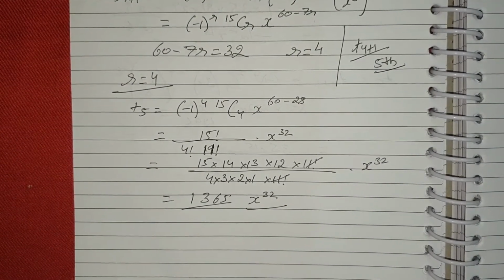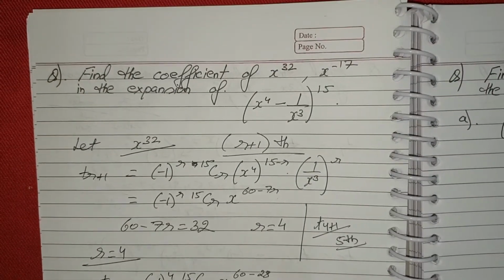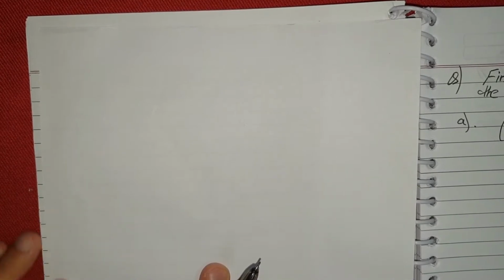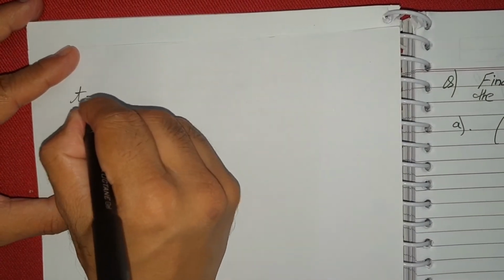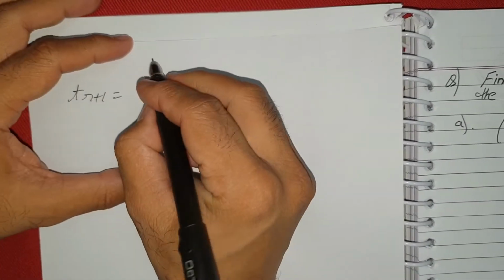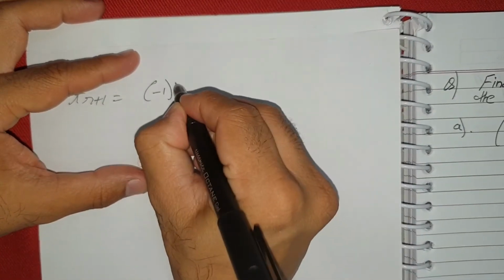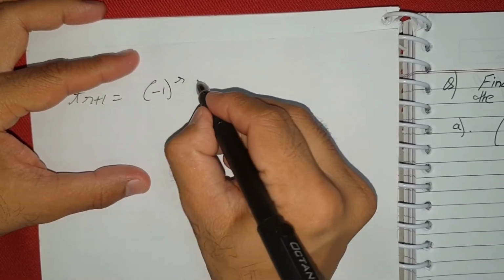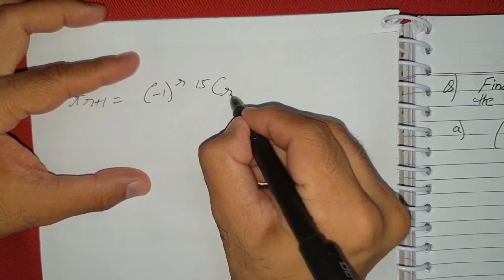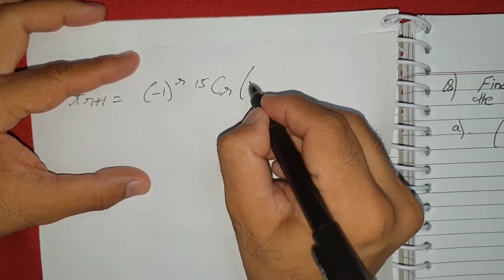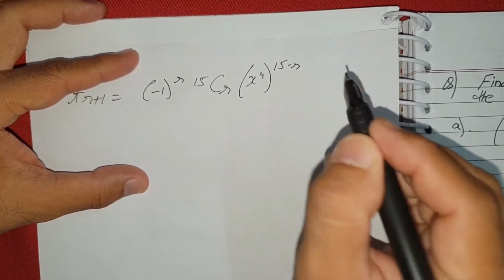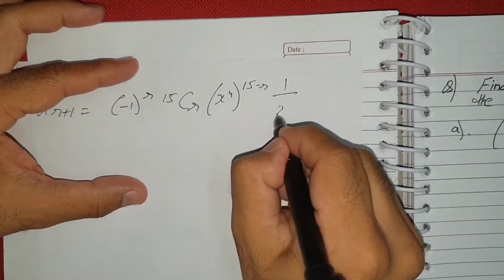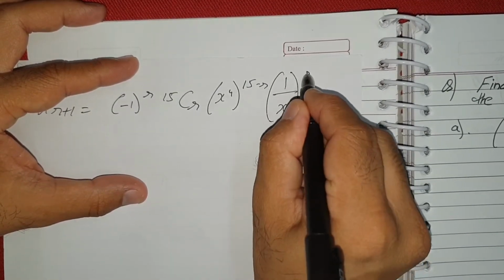Now there was one more part, x to the power minus 17. So let us start with x to the power minus 17. Taking the same r plus 1th term, the formula will be minus 1 to the power r, 15 C r, the first term x to the power 4 to the power 15 minus r, and then 1 upon x cube to the power r.